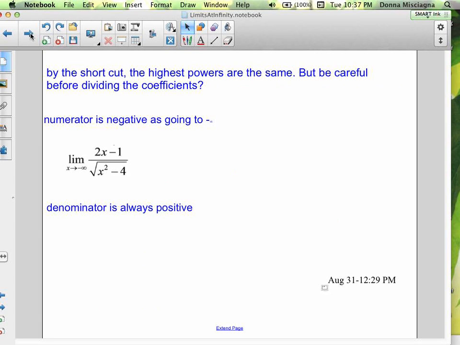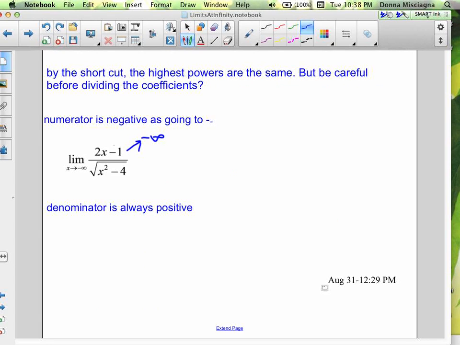There we go. So by the shortcut, the highest powers are the same. We have the square root of x squared and x, which are the same degree. But be careful before dividing the coefficients. Notice that we're going to negative infinity. The numerator is going to be approaching negative infinity. Look how teeny tiny that infinity sign is.